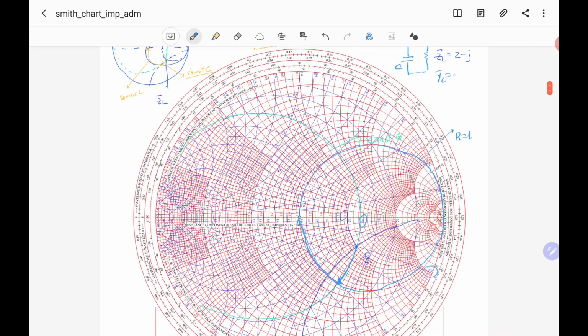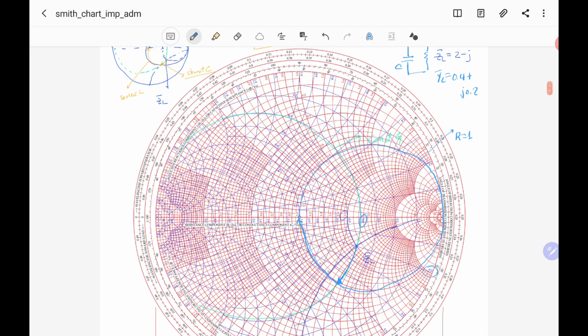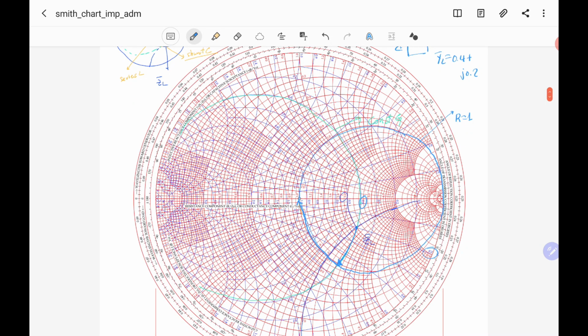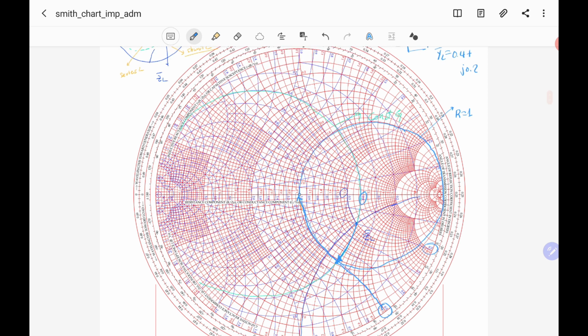So YL is 0.4 plus j0.2. And then we stop at this position. If we read the admittance here, this is 0.5.